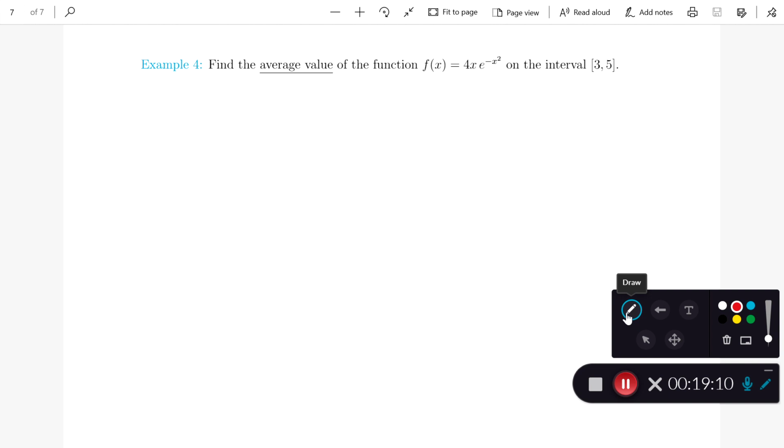Now let's do one final example. This time we're going to find the average value of the function 4x e to the negative x squared, and our interval this time is 3 to 5.